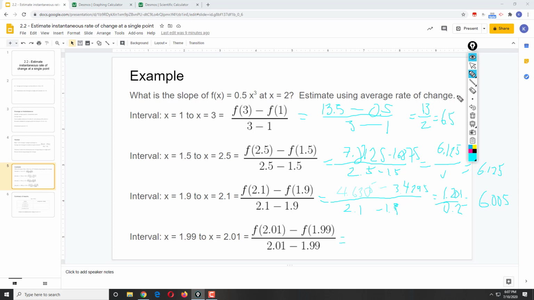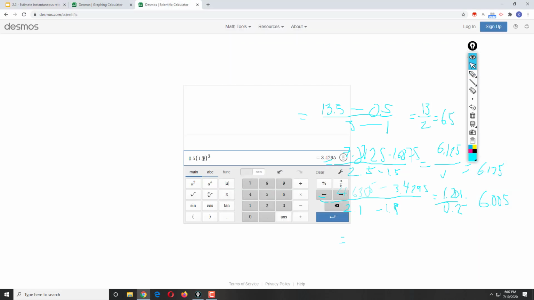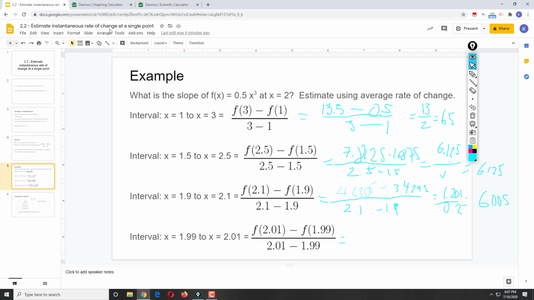Let's get even closer. This time we use 2.01 and 1.99. So when we plug in 2.01, f of 2.01 is 4.0603005.